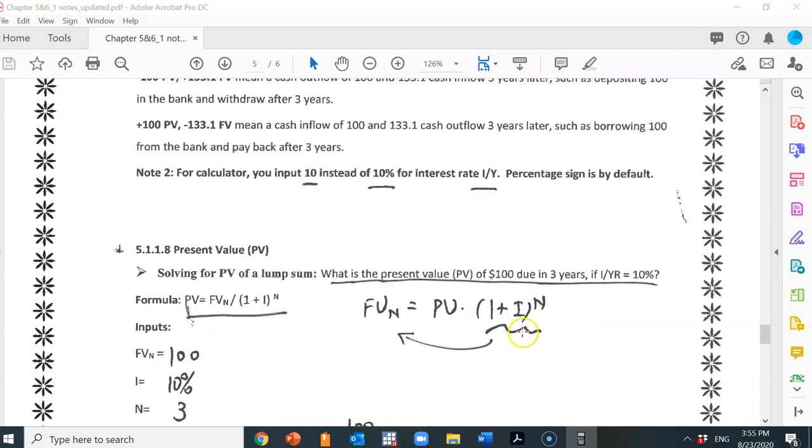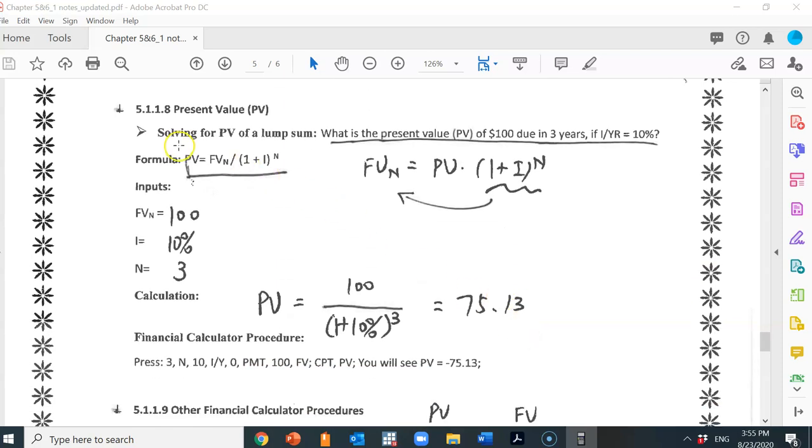All right, let's look at another example here. What is the present value of $100 due in 3 years if the interest rate is 10%? Okay, so we have the same interest rate, same N. We are looking for the present value of this lump sum $100 now.